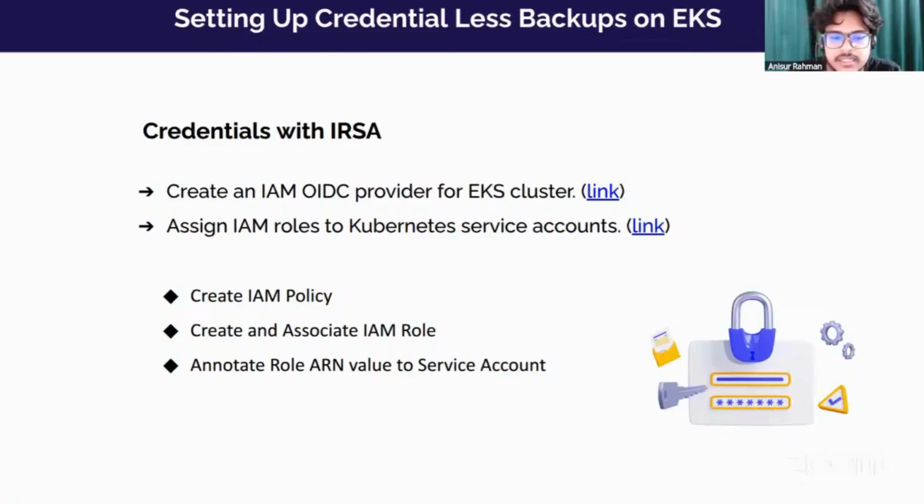This is how the IAM role is attached with the OIDC provider. After that, you get the ARN value of the role and set it as an annotation on the service account of KubeStash. In that case, it will be the KubeStash operator, the service account that KubeStash uses in the EKS cluster.